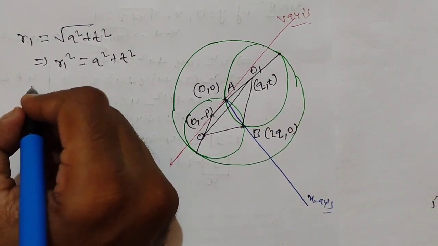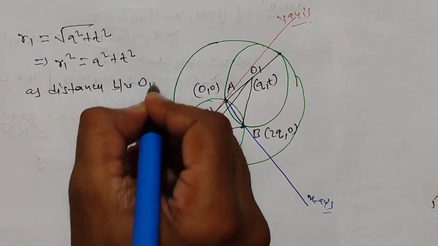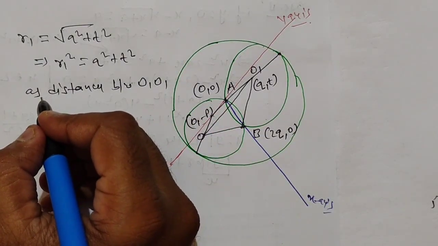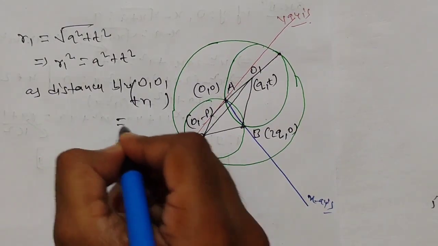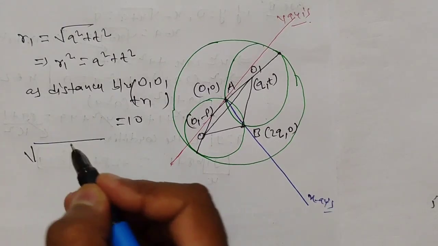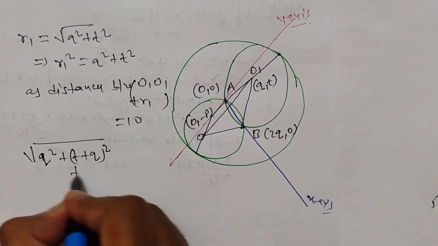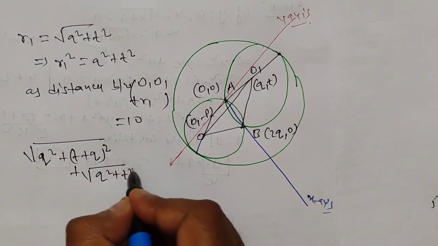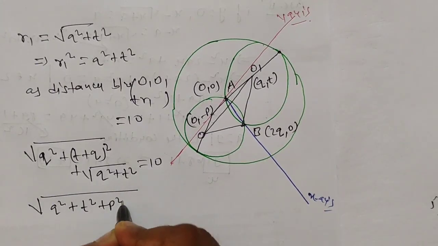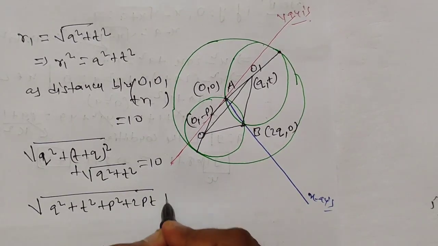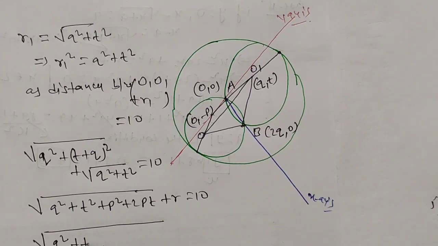So we have the distance formula, the distance between O and O1 plus R1 is equal to 10, so the square root of q square plus t plus p whole square plus the square root of q square plus t square is equal to 10.